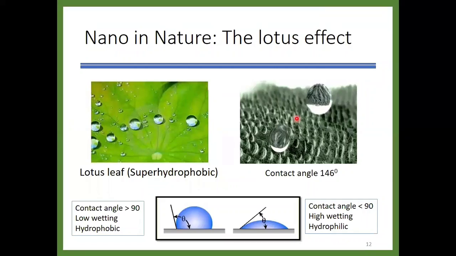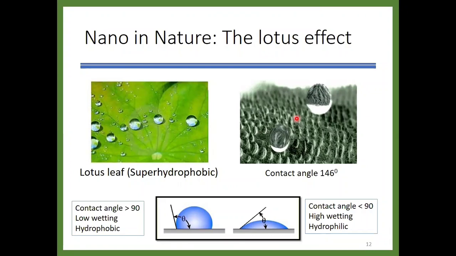If we have a surface that does not wet, we can clean easily, because the fungus and everything will not be forming there, right? Or maybe if we have clothes, especially for the sportsmen, if they sweat, if they do not wet, it's really advantageous, right? So these kind of useful applications are there.